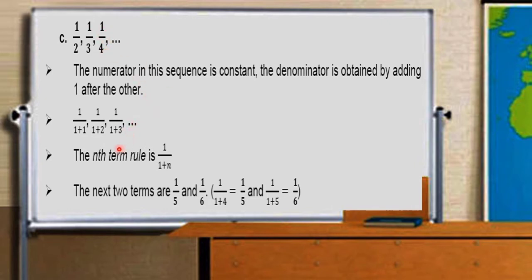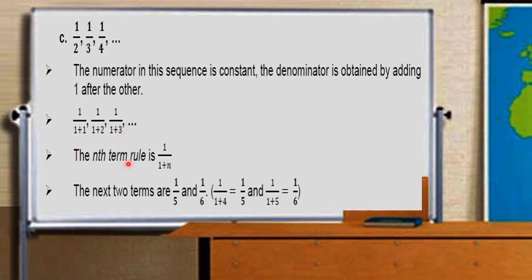So, baka nagtataka kayo, saan natin nakukuha itong 1, 2, 3? So, yan yung mga counting numbers natin. Ito yon. First, 1. Second term, second means 2. Third term, third means 3.